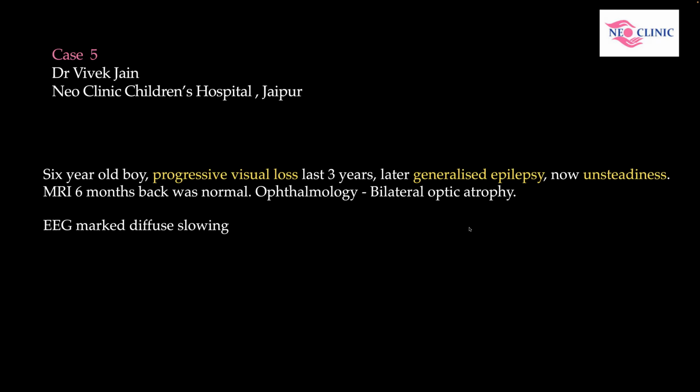True, because of the visual suggestion of a retinal pathology, because of the history, he was seen by a retina expert, and there was no evidence of any retinitis pigmentosa or any retinal involvement. The unsteadiness was more visual, and the deterioration was very acute over 10 days after the febrile illness, and not like in NCL.